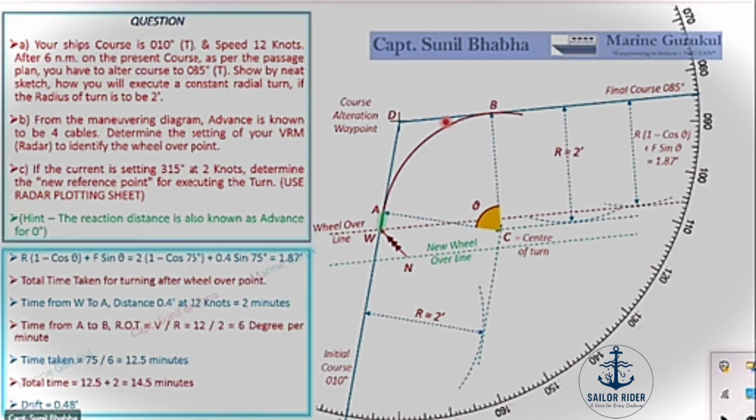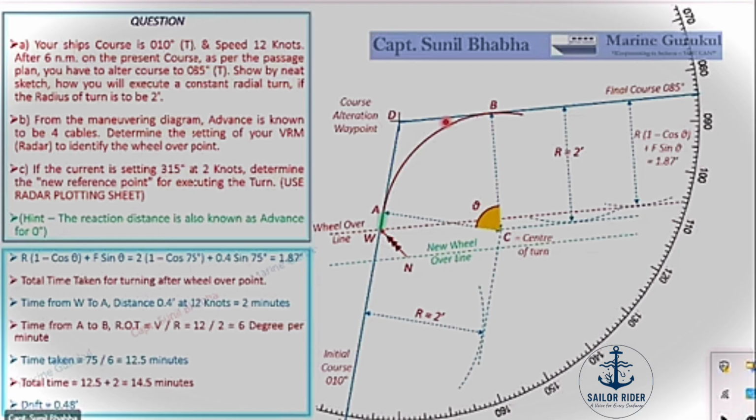Now the problem arises only during the alteration. Before the alteration, moving on a straight line track, current can be counteracted without any issues. After alteration is complete, again you are moving on to your new course on a straight line track, current can be counteracted. We have done that in chart work, so we know how to counteract it on straight line track. The problem here was counteracting the current during the alteration, and that is exactly what we have done.